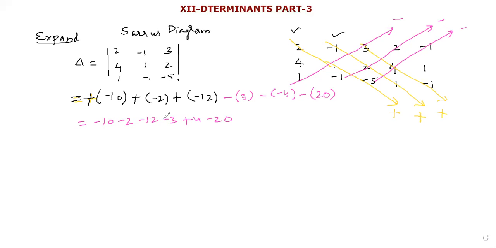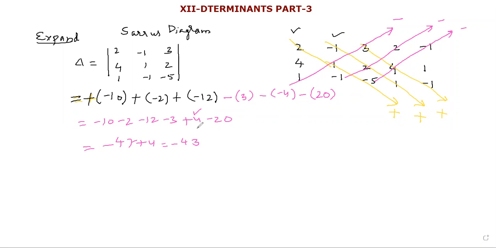Okay, so we will solve this one. Only 4 is in plus, all other numbers are in minus. So 20 plus 12, 32, 35, 36, 37, 47, minus 47 plus 4 is equal to minus 43.